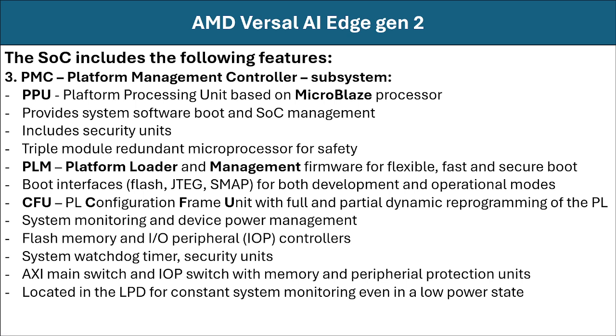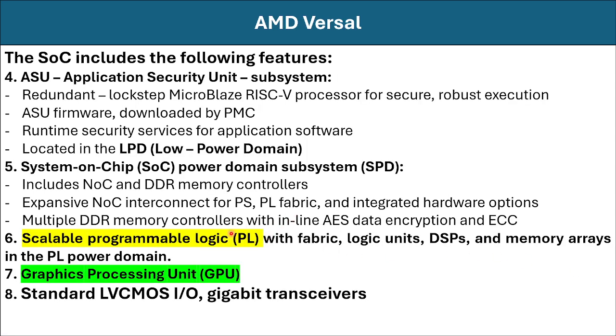Probably it's on the other slide. LPD, it doesn't matter, probably we mentioned it somewhere. I think it's low power. Yeah, a low power domain, probably. Some part of the logic is in charge of the low power domain. We will see in further texts and descriptions what it is exactly.